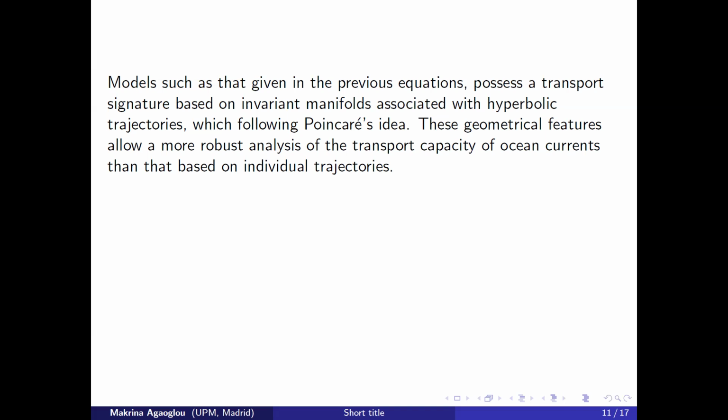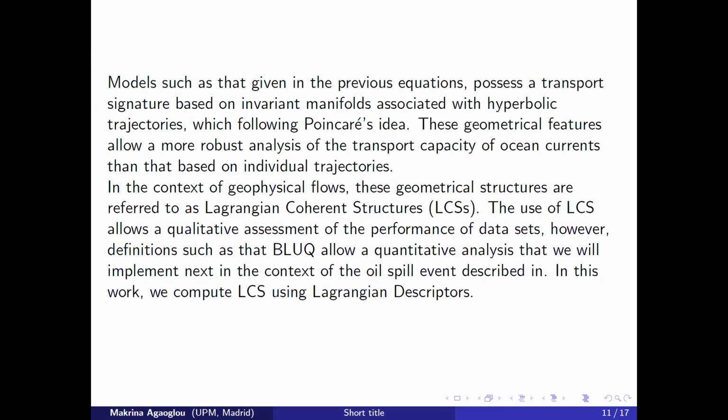And these geometrical features allow a more robust analysis of the transport capacity of ocean currents than that based on individual trajectories. So in the context of geophysical flows, these geometrical structures are referred to as Lagrangian coherent structures. And the use of these Lagrangian coherent structures allows a qualitative assessment of the performance of datasets.